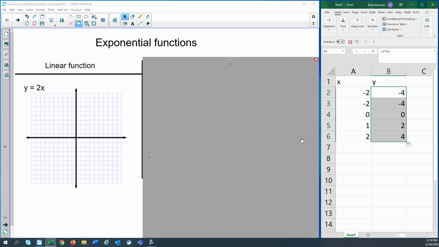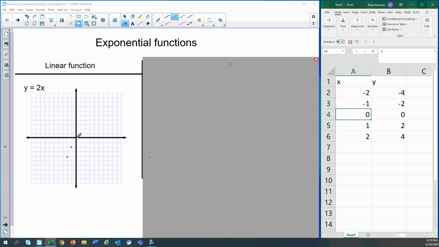So if we plot these points, we have -2, -4, and then -1, -2. So let's change that. Sorry.